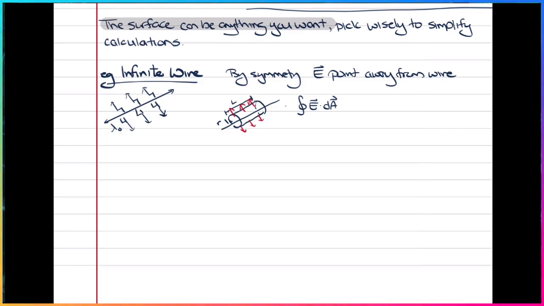There's the top. There's kind of the shaft of the cylinder. And then there's the bottom. So in this case, the total flux is just going to be the flux through the top, the flux through, we'll call it the side, and the flux through the bottom.